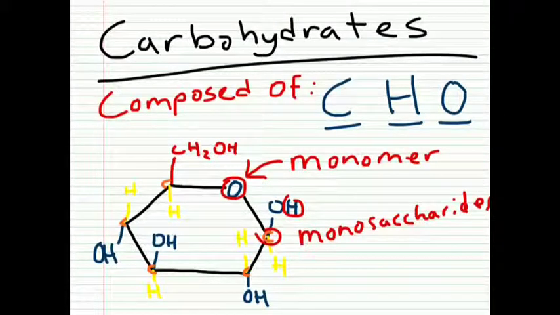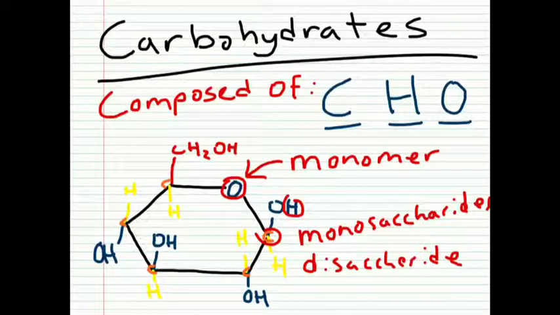And as I was saying, when you put a whole bunch of these monomers together, if you start out with one and add another one to it, then it becomes a disaccharide. As you keep adding and adding and adding, that's what makes up the complex carbohydrates.